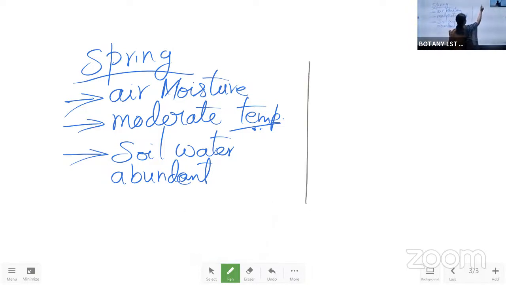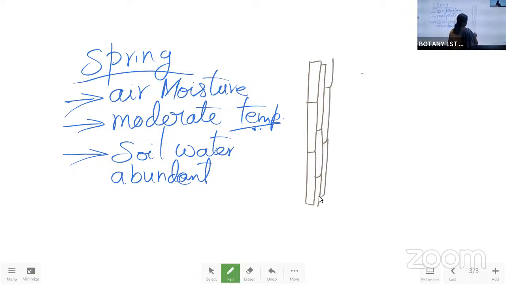During the spring season, the xylem cells are very long, thin-walled. See here how the cells are.